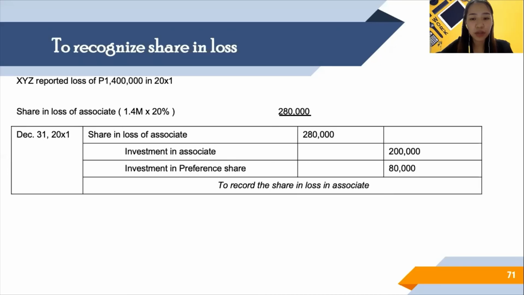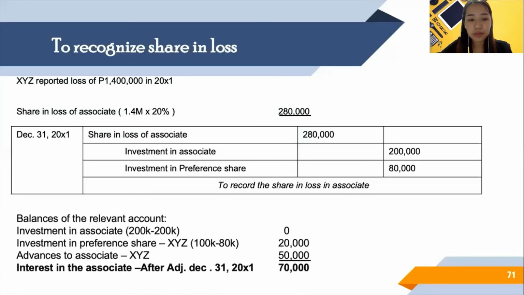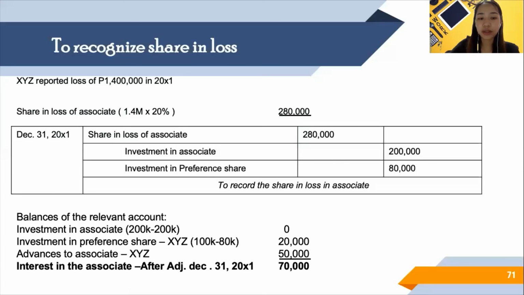So yung entry to record the loss, December 31, 20X1: debit share in loss of associate 280,000. Credit investment in associate 200,000 at yung excess, credit investment in preference share na 80,000. So the balances of the relevant accounts: yung investment in associate natin is 0, yung investment in preference share is 20,000, yung 100,000 na binawasan natin ng 80,000 na loss.